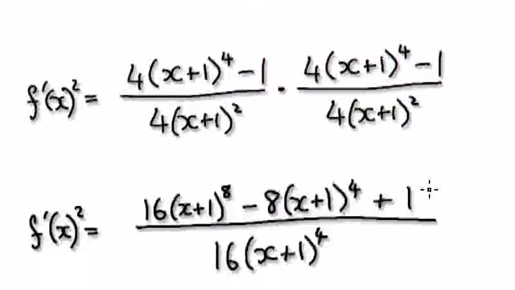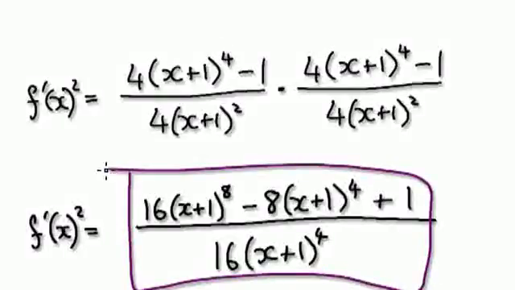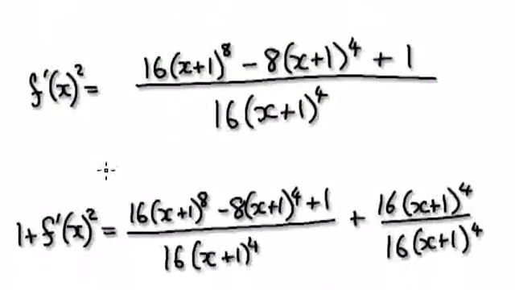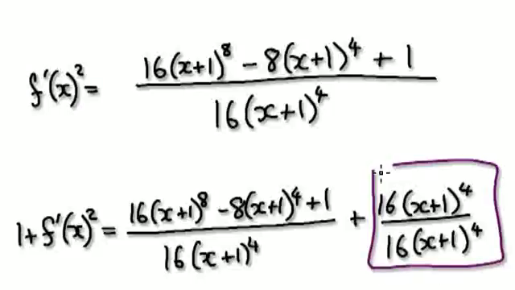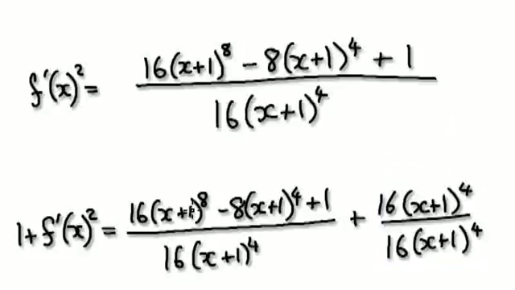Okay. So that would then take you to here. And then we've got this at the moment. Don't forget, we need to plus 1 to this. So now add 1 to both sides. So this here is actually 1. So it's us adding 1 here.